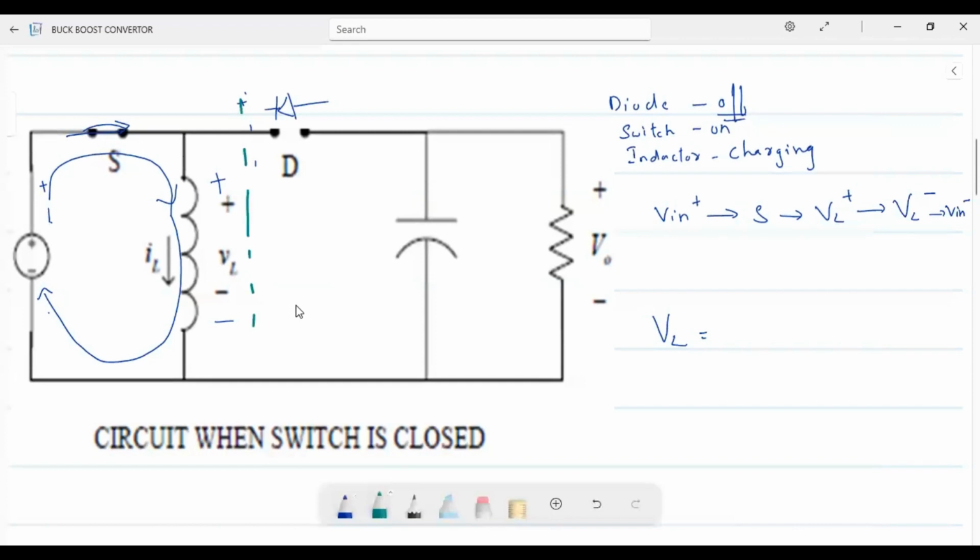This is not coming into the picture, right? This is only coming into the picture. So this is your circuit. So input voltage, it is a parallel circuit. You are considering this as an ideal switch. The input voltage is coming parallel to the output across this inductor. So VL will be equal to V input.